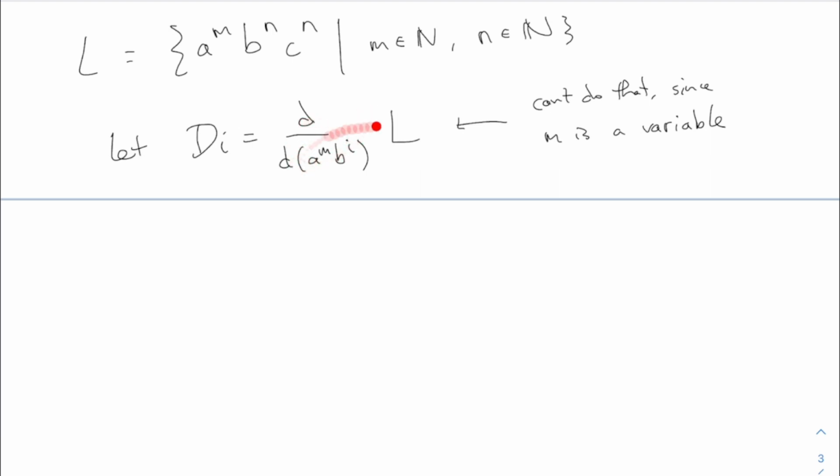So this is ambiguous because m is a variable. It's not a specific number, all right? So this is not quite going to work. I get the idea of what you mean by that. You want to cancel the a's first and then continue to cancel the rest of it. But specifically writing it that way is not going to do it.